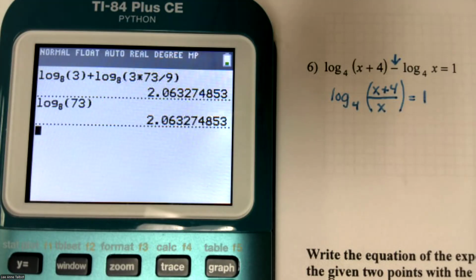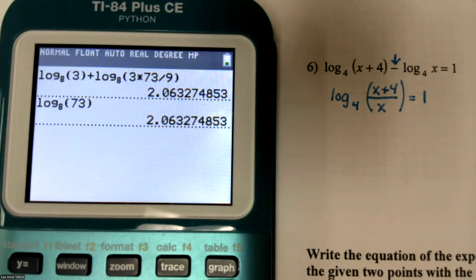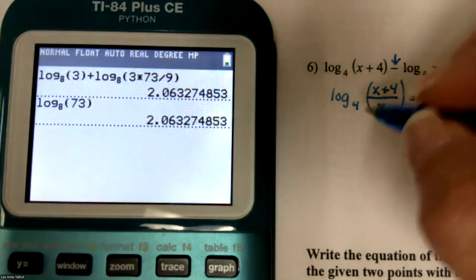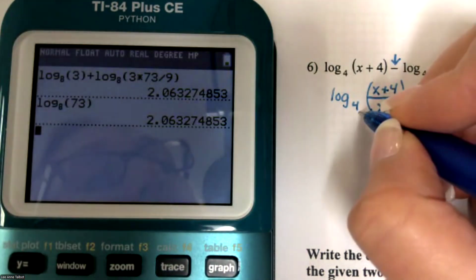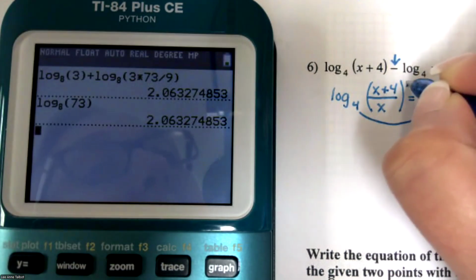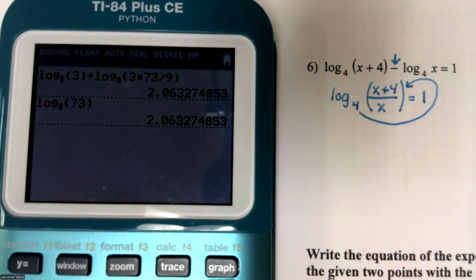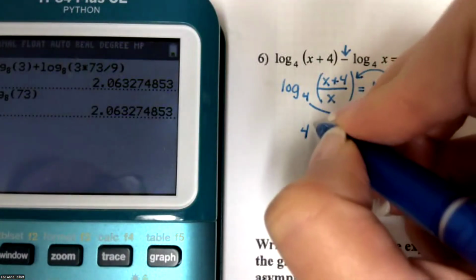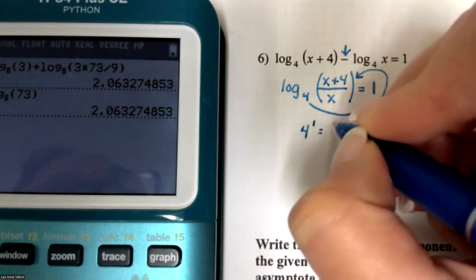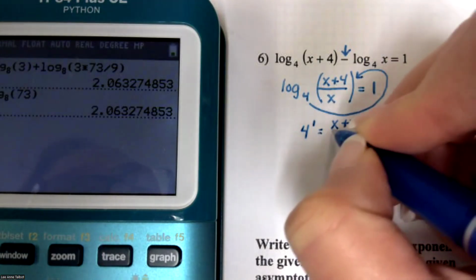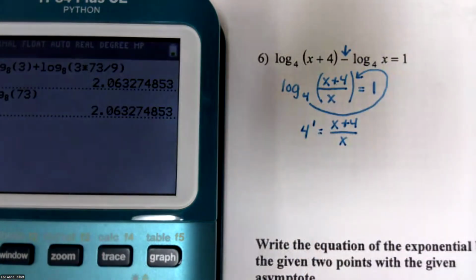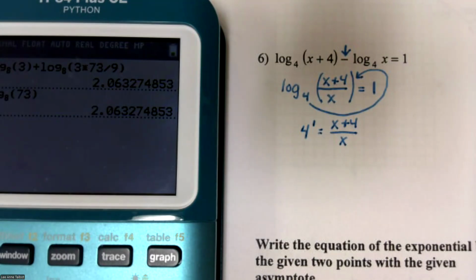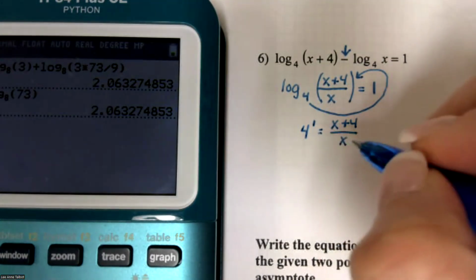Okay, now I ask myself, do I have to do the loop-de-loop or cross out the logs? This one's loop-de-loop because there's not a log over here to cross out. 4 to the 1 equals x plus 4 over x. And then you have options from here.